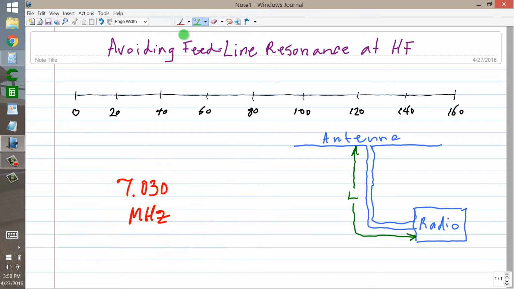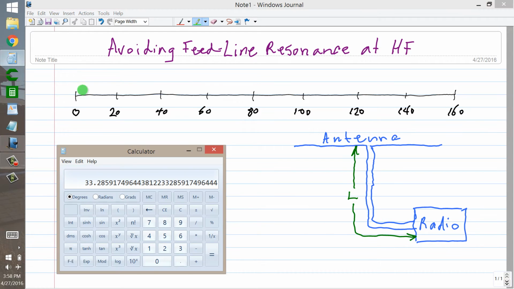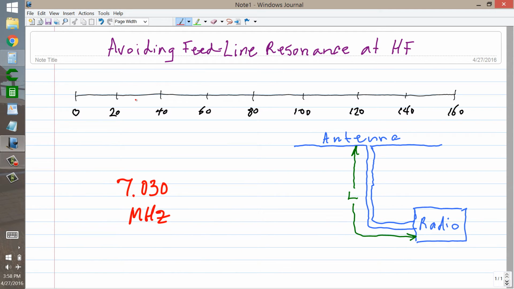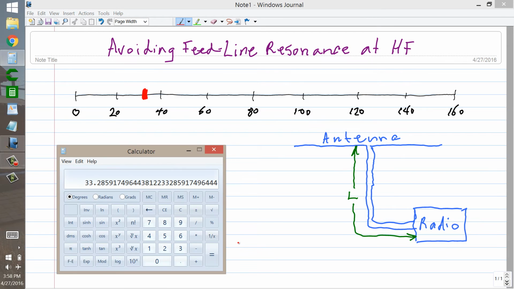Now, what I have drawn here is a number line going all the way from 0 feet to 160 feet, so you can plot lengths to avoid very conveniently, and 33 feet is one of those lengths. 33 feet, approximately there. Avoid that. Then you want to multiply this length times 2, 66.6 feet roughly.